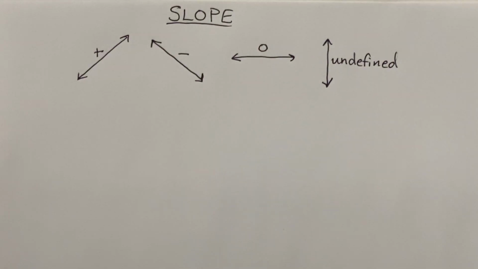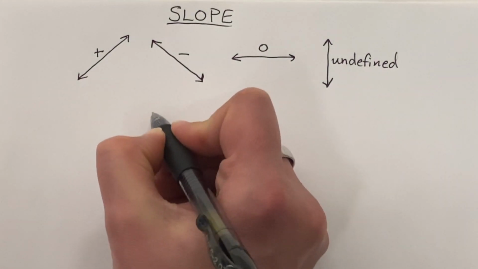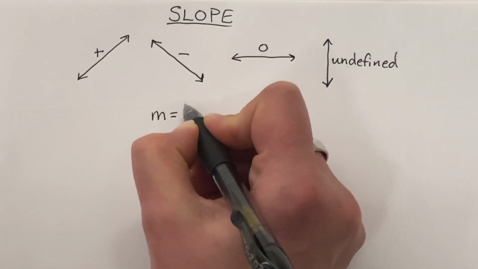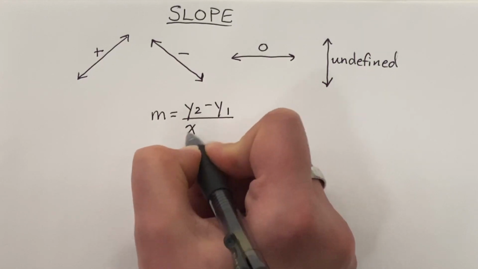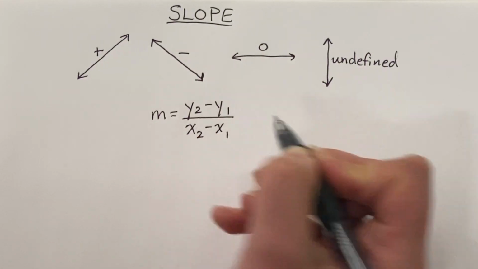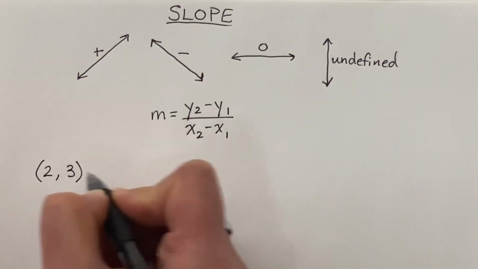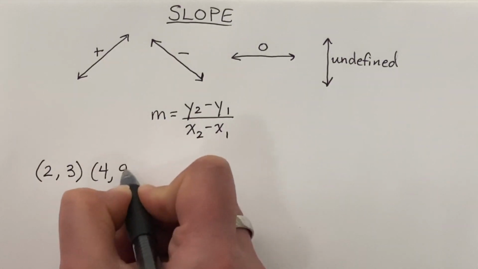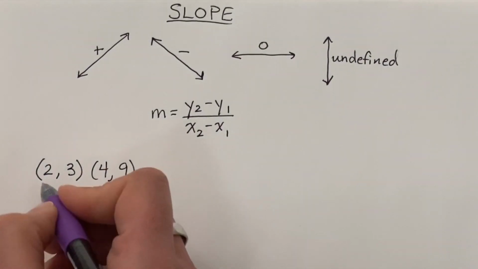If you have 2 ordered pairs, you can calculate the slope using the slope formula. This is the slope formula. M is equal to y sub 2 minus y sub 1 divided by x sub 2 minus x sub 1. So in our first example, if we have an ordered pair of 2, 3 and 4, 9, the first thing that you might find helpful is to label your ordered pairs.